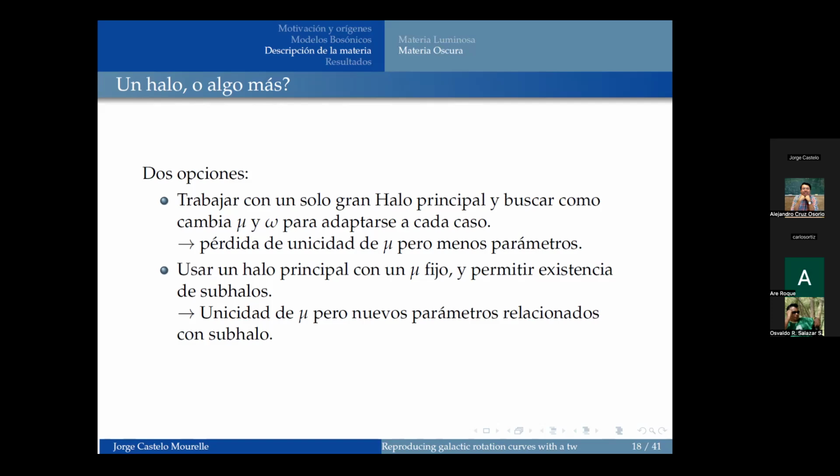Okay, could be, and we explore that point. But then we also explore another option that arises naturally, as we will see, that is fixing one mass for the boson, and then trying to get the right full fitting by putting a second component for the halos.